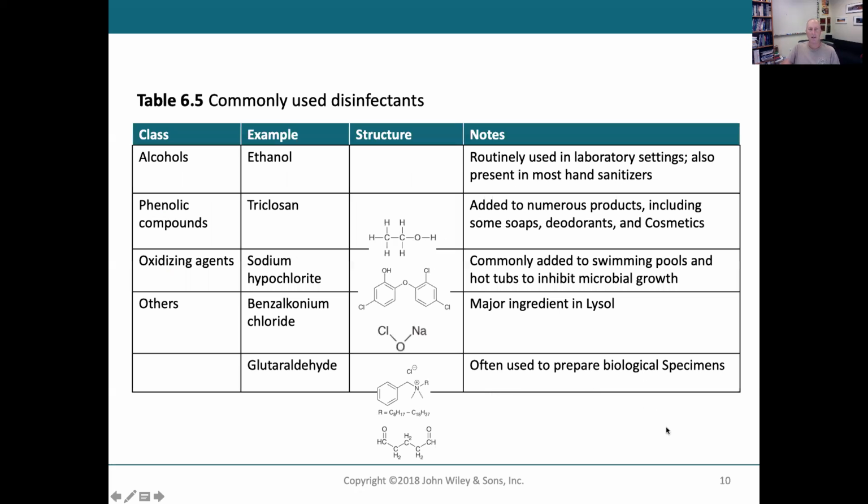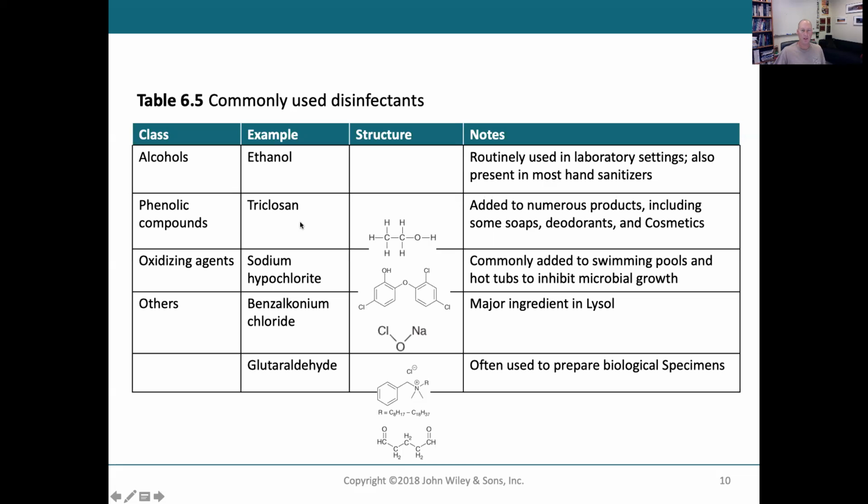Okay, here are some examples. You don't need to memorize all of these, but I would try and have a couple good examples for them. Ethanol and other alcohols are often used as disinfectants. They are sometimes used on skin as well, so this is kind of at the crossover between disinfection and antiseptics.